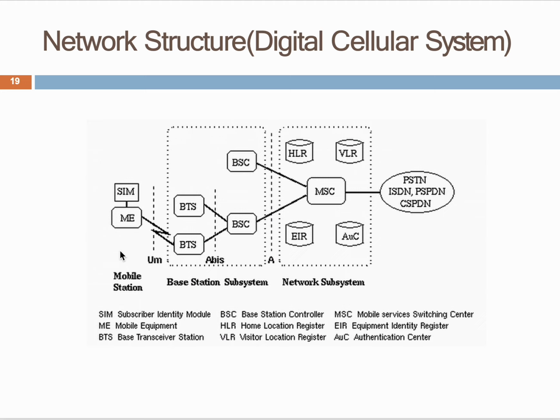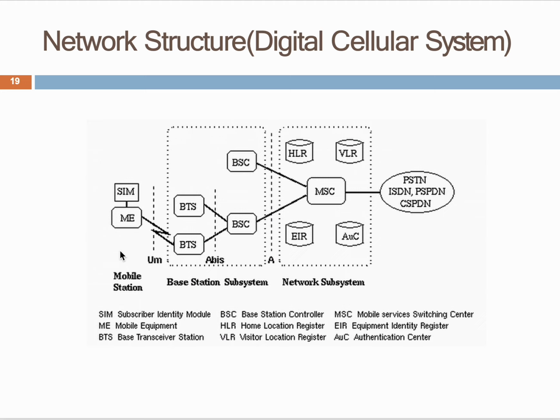So, a master control station not only connects to all the base station controllers of the same network, but is also connected to the master control stations of other networks, and to landline networks such as public switched telephone networks or ISDNs. So all the other types of networks also have to be connected to the master control station.